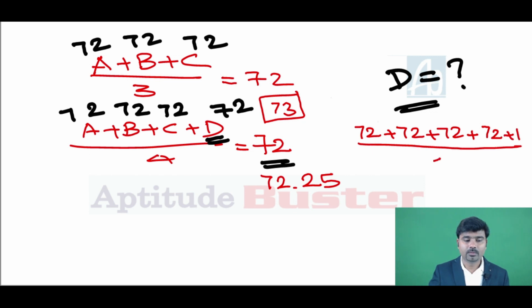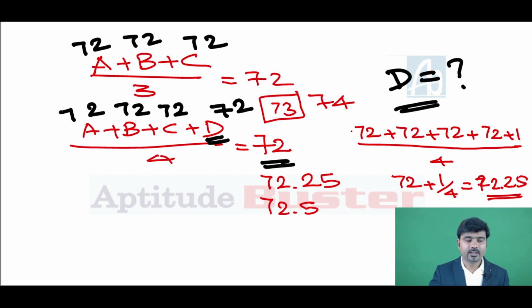Divided by 4, for these four the average is 72 plus 1 by 4. What's the average? 72.25. Right?